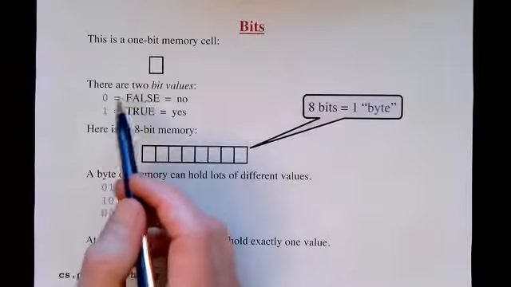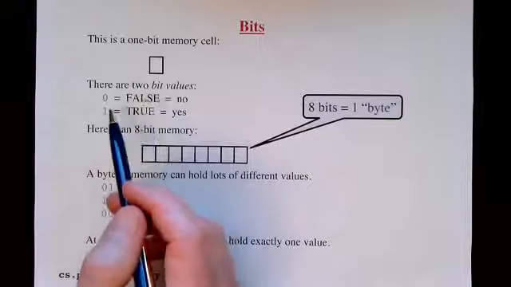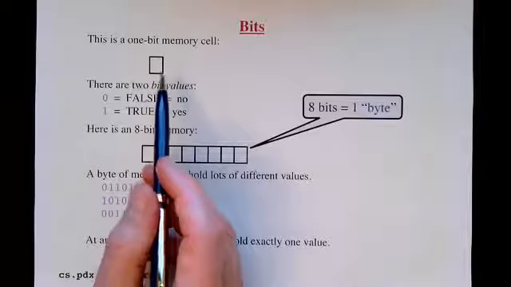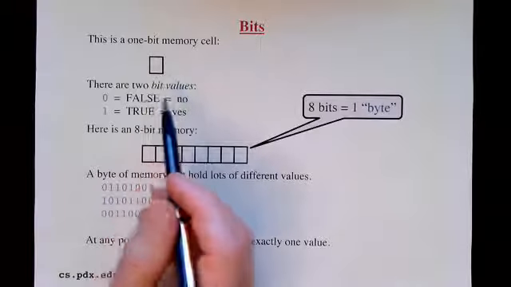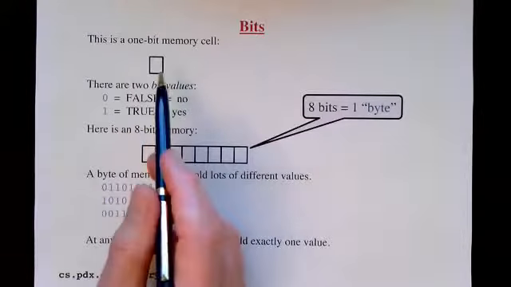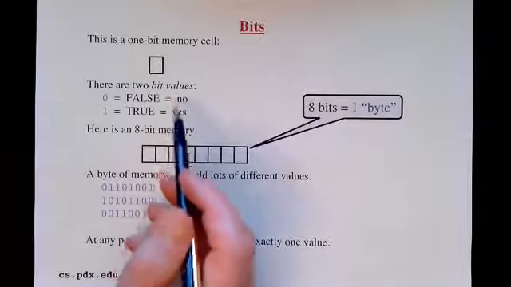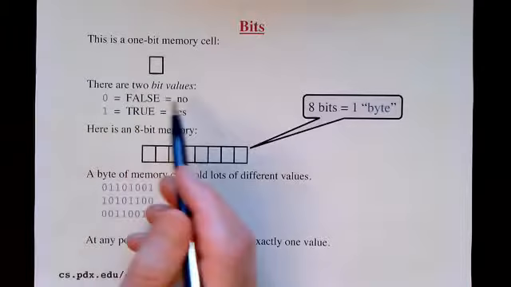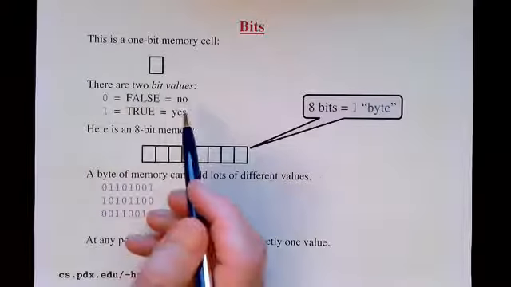We can equate the 0 bit with false and the 1 bit with true, and this is oftentimes useful if we want to remember whether a particular thing is true or false. Or we can associate the bit with yes or no, and the correspondence there is that 0 corresponds to no and 1 corresponds to yes.